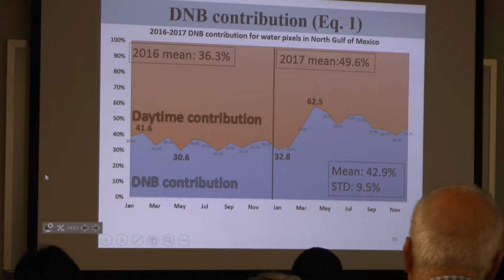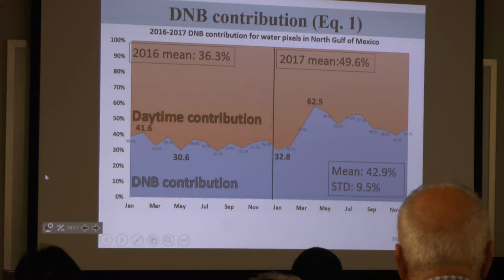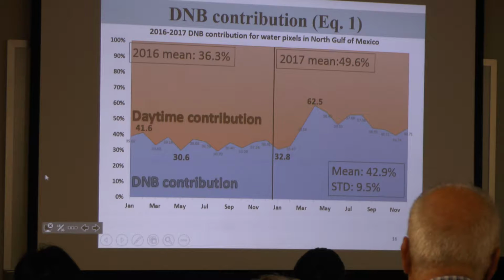The difference is because different cloud masking was used in these 2 years, because the VIIRS standard cloud product is only available after March 2017. So before March 2017, I had to develop my own algorithm to do the cloud masking. Overall, the mean daylight band contribution is 42.9%, which is significant when compared to the daytime turbidity.